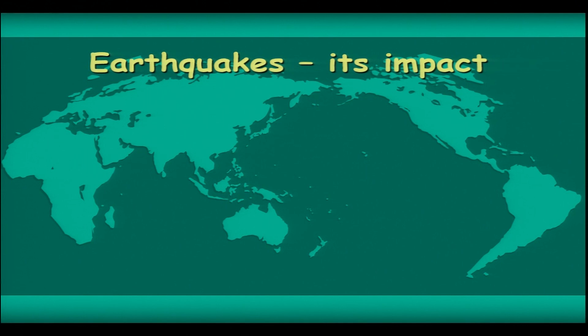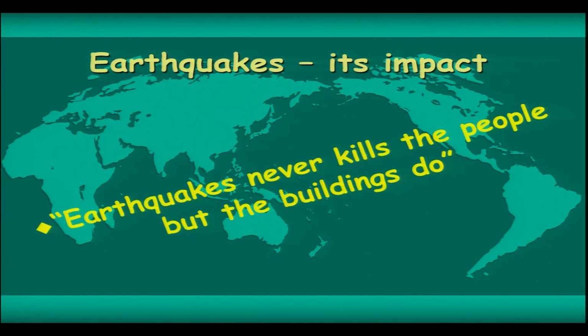Further, earthquakes and their impact. This is a tagline which says that earthquakes never kill people, but buildings do. So, most of the people will be killed during an earthquake because of the damage.